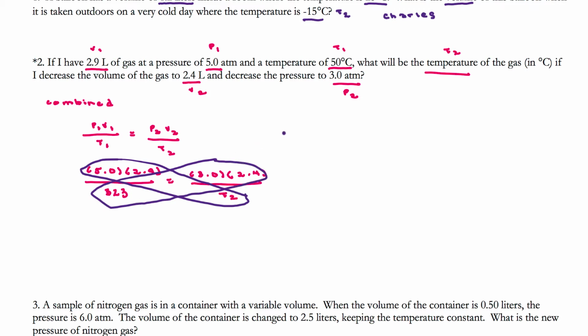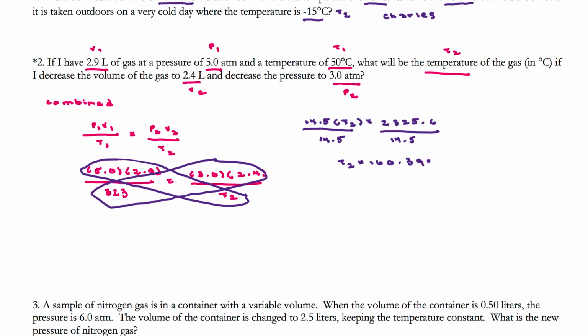So 5.0 times 2.9 times T2 gives me 14.5 times T2. That equals 323 times 3 times 2.4. I get 2,325.6. Now I'm going to divide both sides by 14.5 to get T2 by itself. The value that I get unrounded is 160.39.